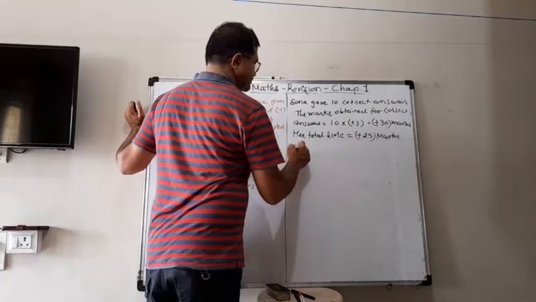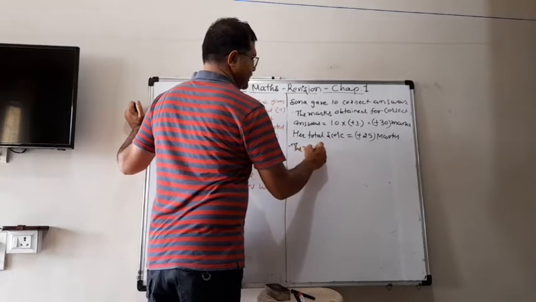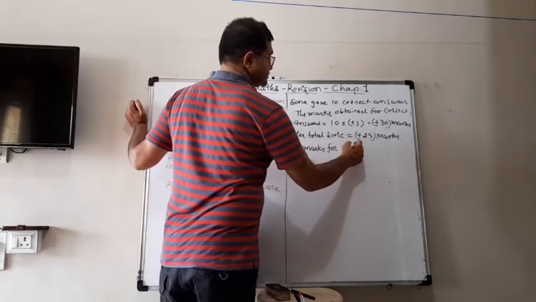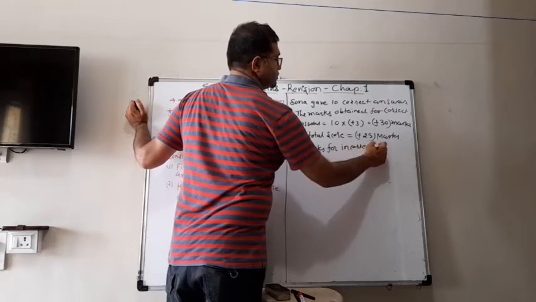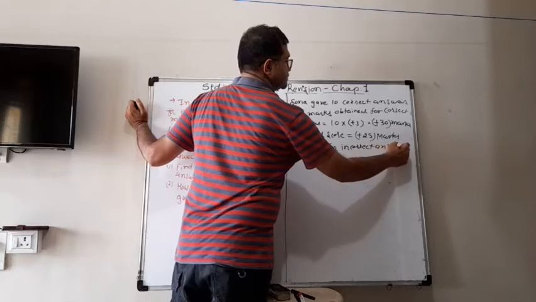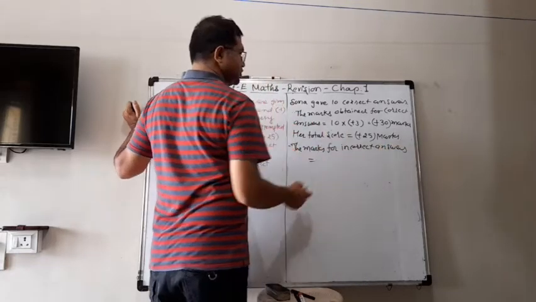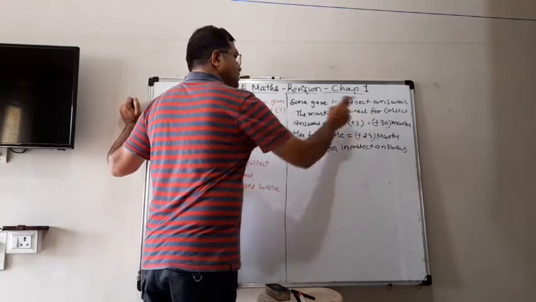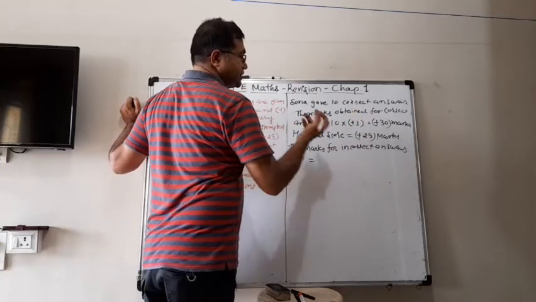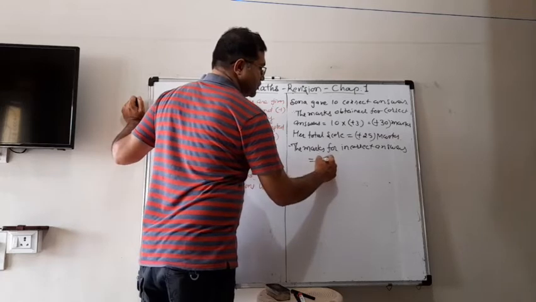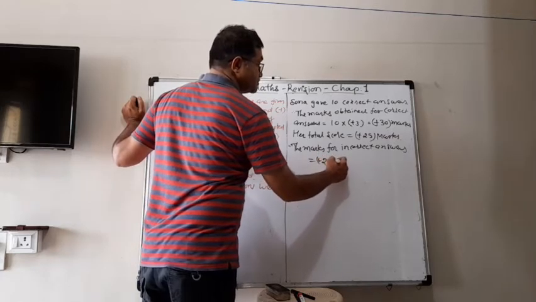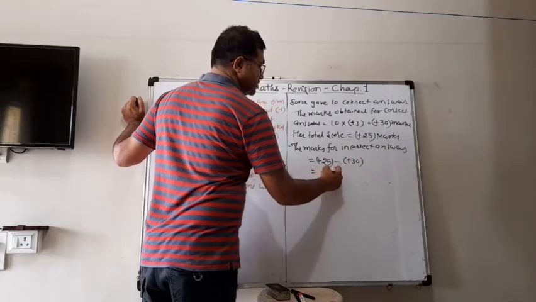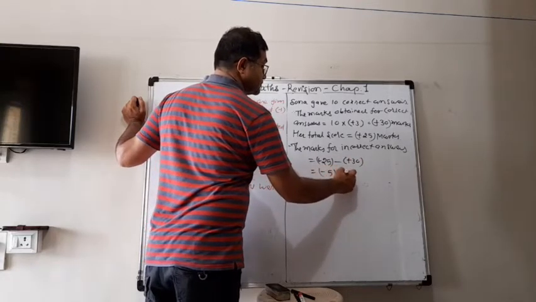It means the marks for incorrect answers is equal to total marks minus the marks for the correct answers, so plus 25 minus plus 30, that will be minus 5 marks.